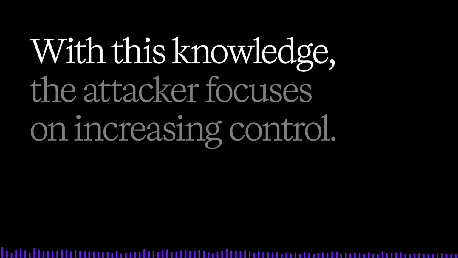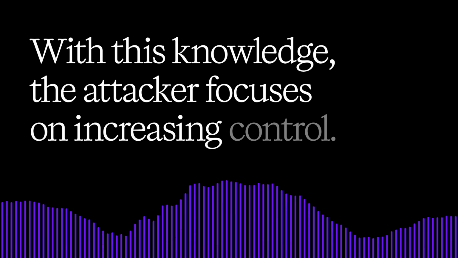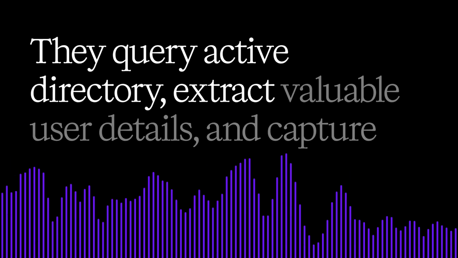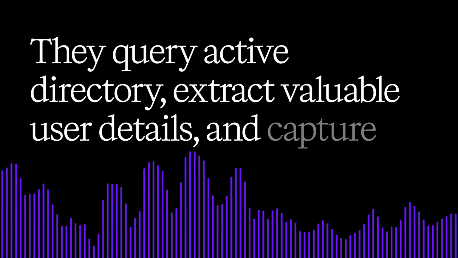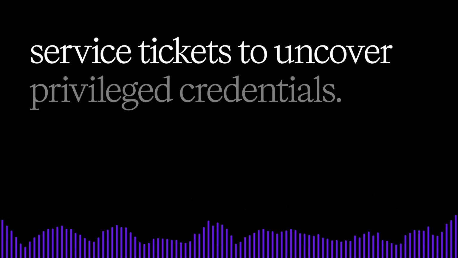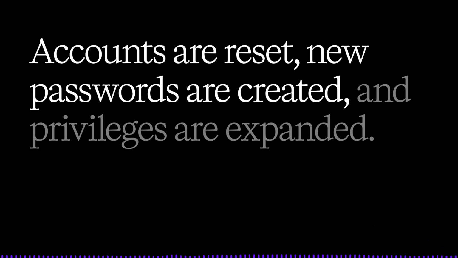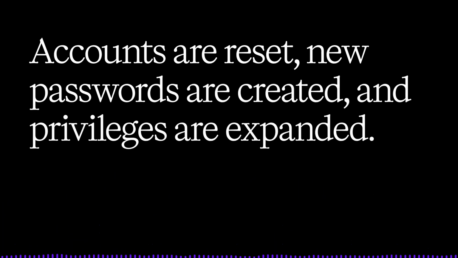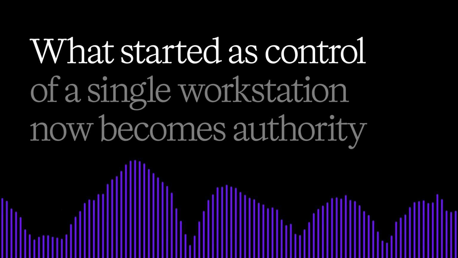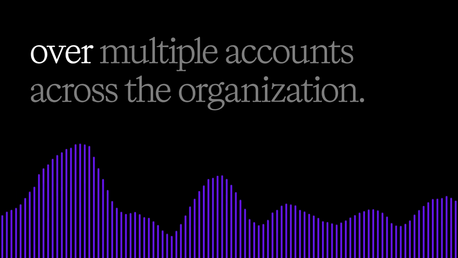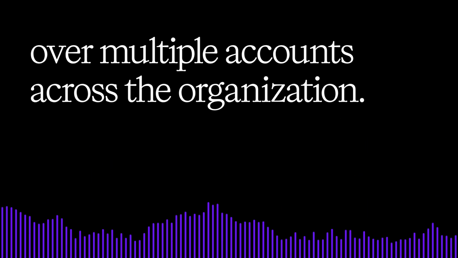With this knowledge, the attacker focuses on increasing control. They query Active Directory, extract valuable user details, and capture service tickets to uncover privileged credentials. Accounts are reset, new passwords are created, and privileges are expanded. What started as control of a single workstation now becomes authority over multiple accounts across the organization.